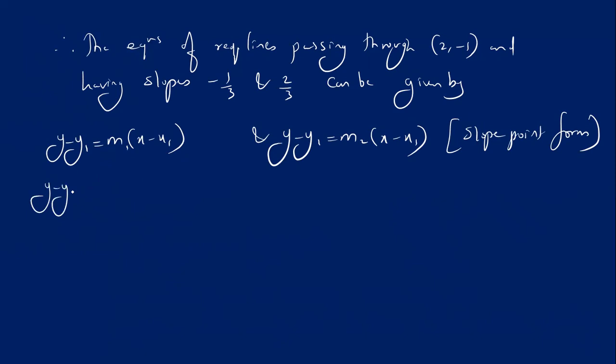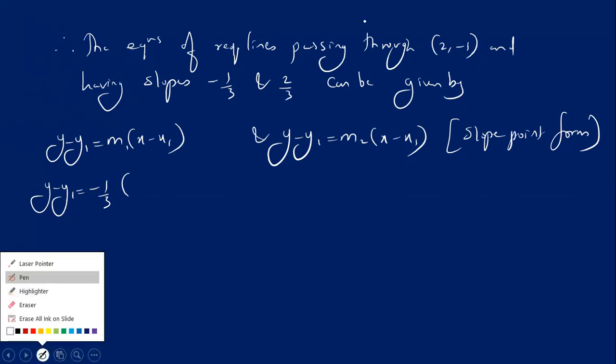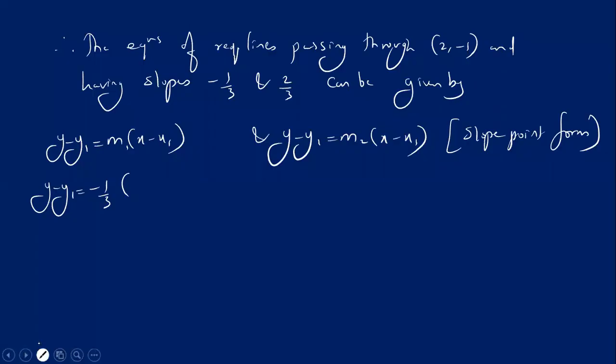So y minus y1 is equal to m, which is minus 1 by 3. I can substitute y1 over here, which is minus 1. For the second, m2 is 2 by 3.